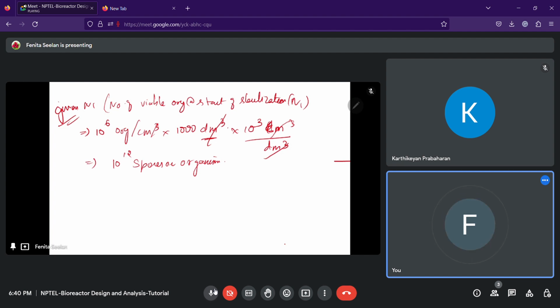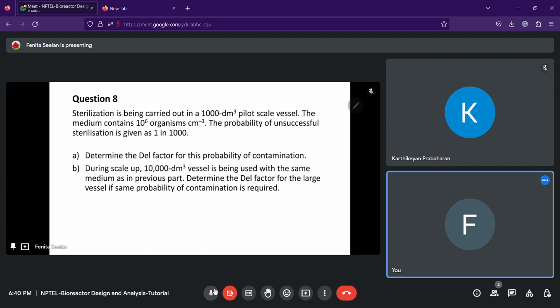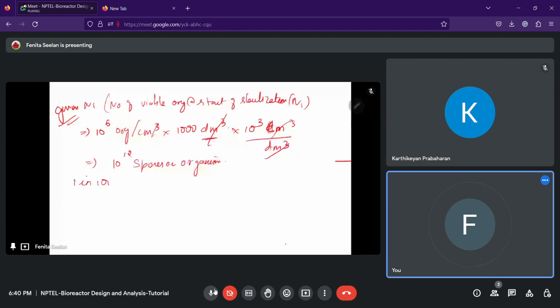So the probability of unsuccessful sterilization is given as 1 in 1000. So 1 in 1000 is 10 power of minus 3, right? So let's keep this as N2, which is the number of viable cells at the end of sterilization.